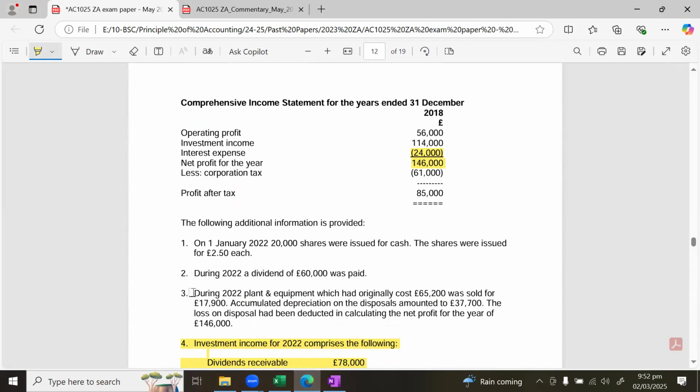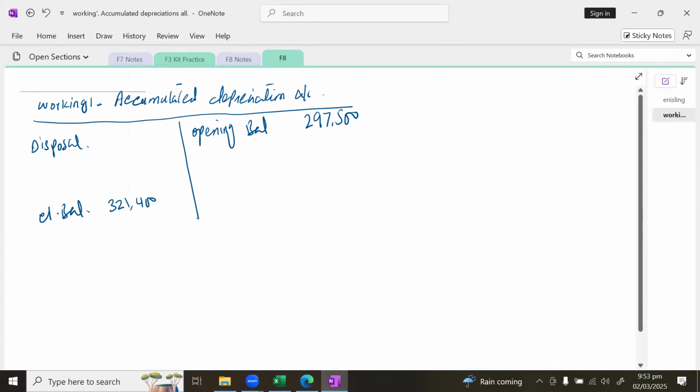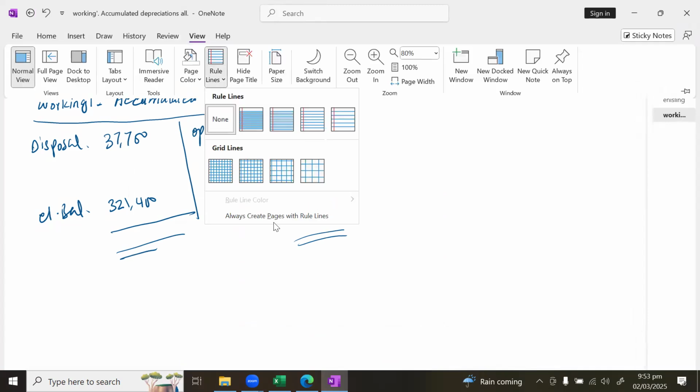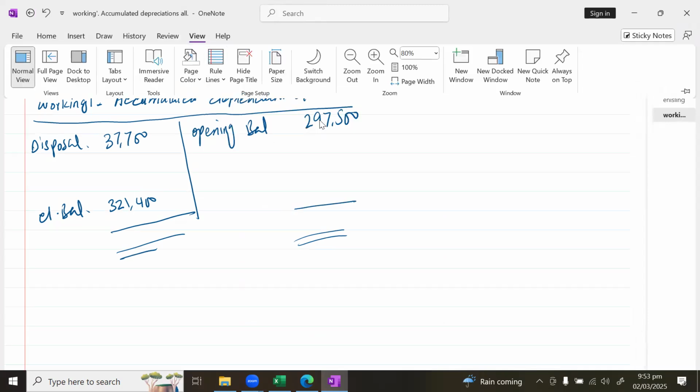During the year, accumulated depreciation on the disposal amounting to 37,700. The rest will be a balancing figure charged to the statement of comprehensive income.